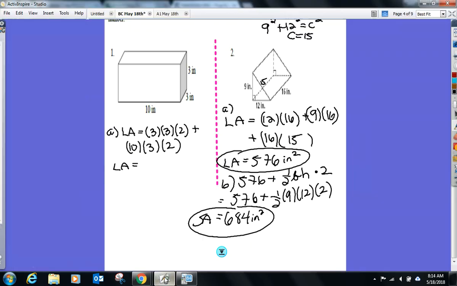What do you got for me, 25? I got, there's lateral area. Yep. I got 78 inches squared. Yep. All right, now surface area. I'm going to take that lateral area and now add on those 2 10 by 3 rectangles on the top and the bottom.